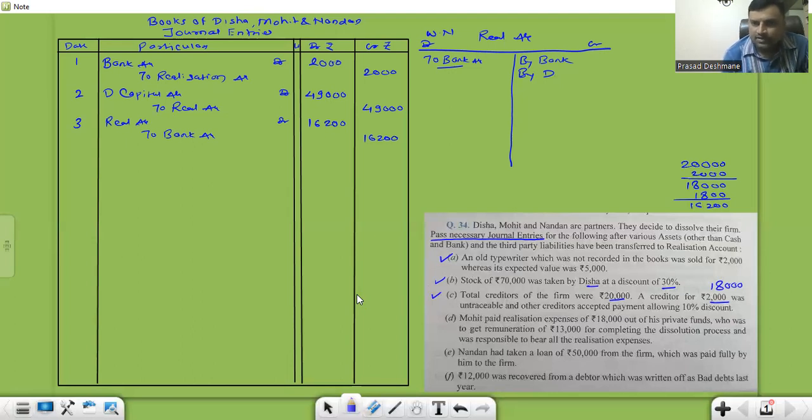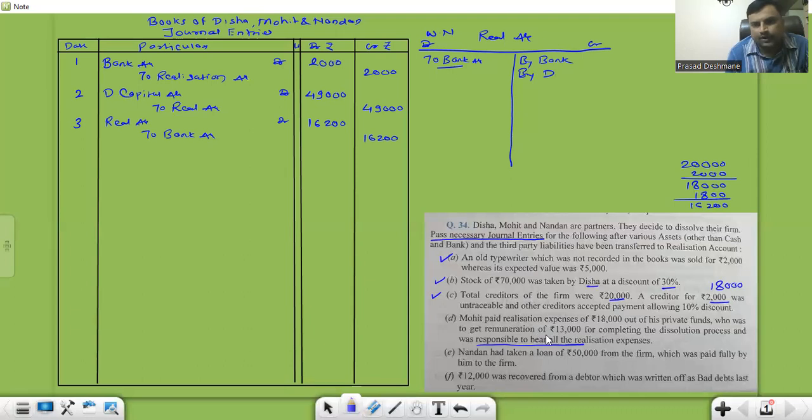Mohit paid realization expense of rupees 18,000 out of his private fund, and he was to get a remuneration of 13,000 for completing the dissolution process and was responsible to bear all realization expenses. Responsible to bear means the firm is saying we will pay you 13,000 as your remuneration, and whatever expenses of dissolution or realization come, you have to bear from your own pocket. So first of all, we'll show the entry when we are paying remuneration to him.